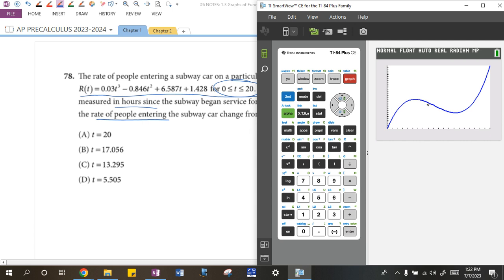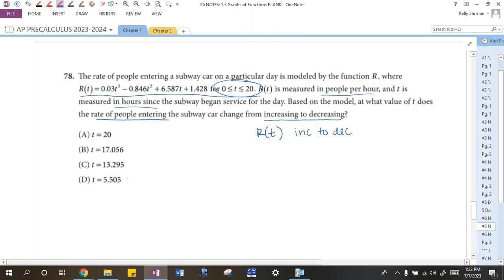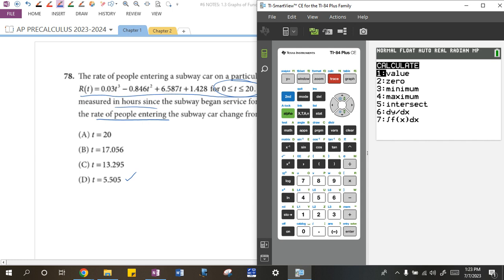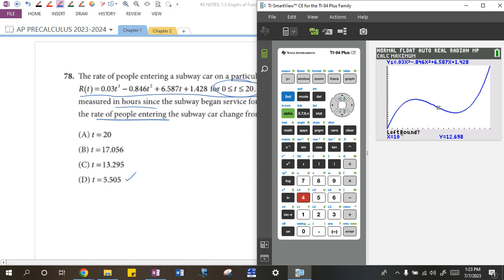And to get the exact spot, now I can kind of use guess and check. I'm guessing that it's probably D because the other values look too high. But I want to make sure you know how to find a maximum on your calculator. So second trace, I want to find a maximum. It says left bound. You've got to move your cursor to the left of where you think the maximum is.